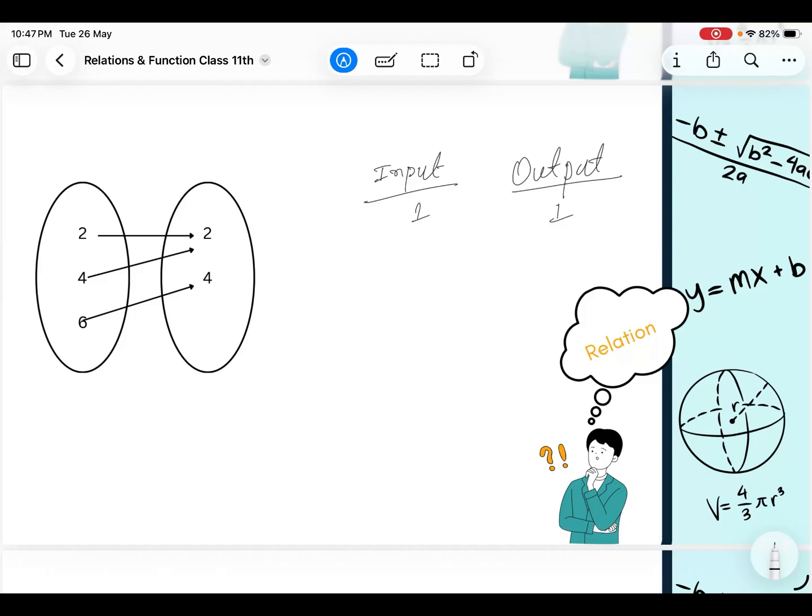We have a set A and a set B. If we put 2, we get 2. If we put 4, we get 2. If we put 6, we get 6. So for each input we have one output. So this is a function.